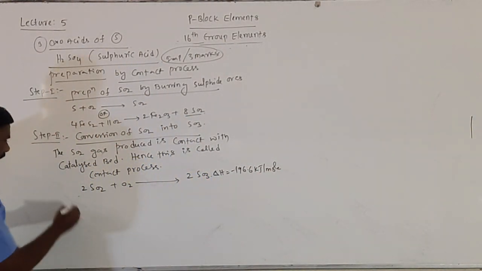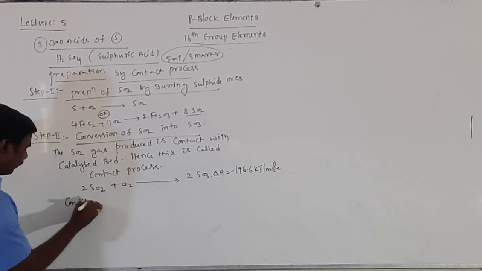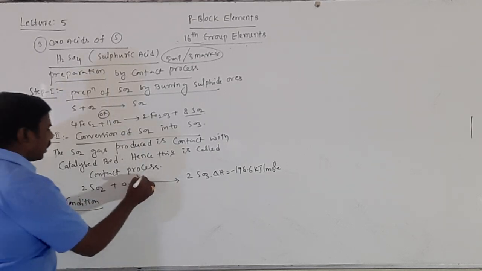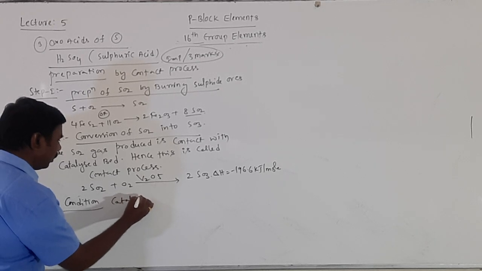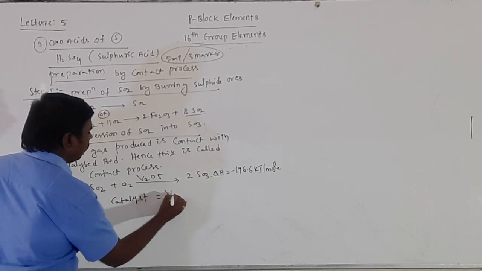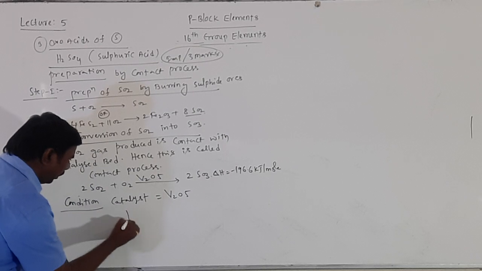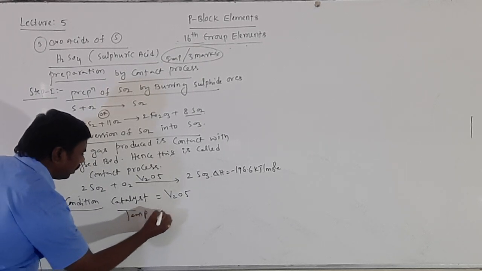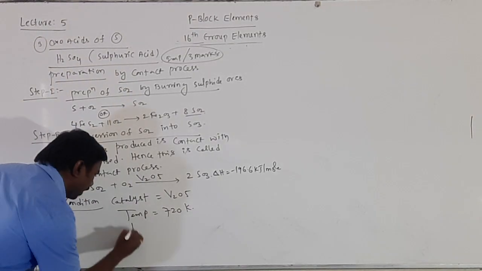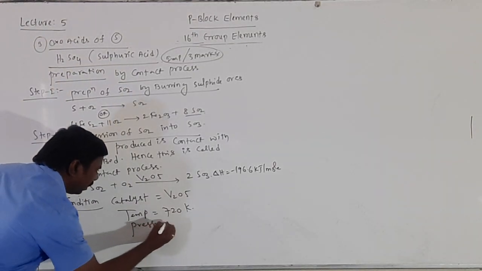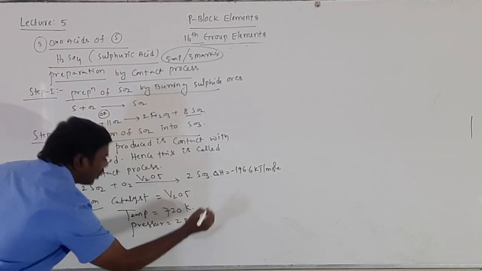Now conditions are required, students, for this process. The catalyst used is V2O5, vanadium pentoxide, to speed up the reaction. Temperature of 720 kelvins must be used. Pressure of around 2 bars we need to use.